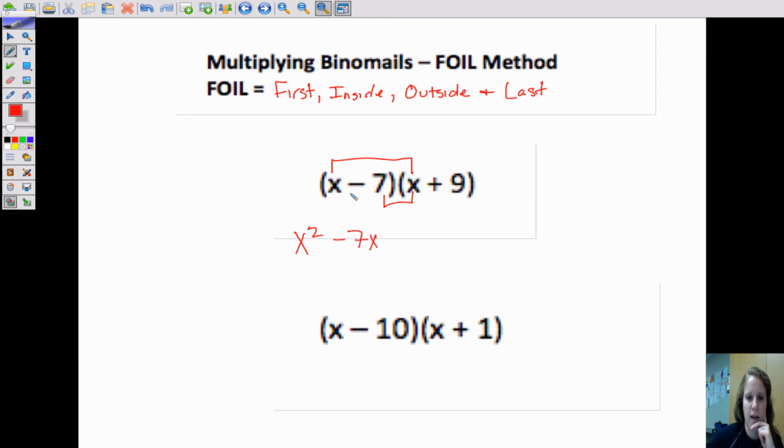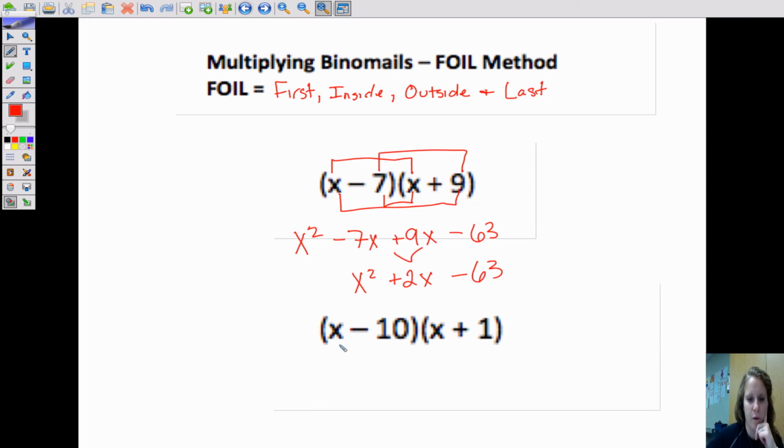Then we multiply the outside term in each binomial, so that would give us 9x. And then we multiply the last term in each binomial, which would give us negative 63, right? So then we have to combine like terms. So we'd have x squared plus 2x minus 63, because negative 7x and 9x gives us 2x.